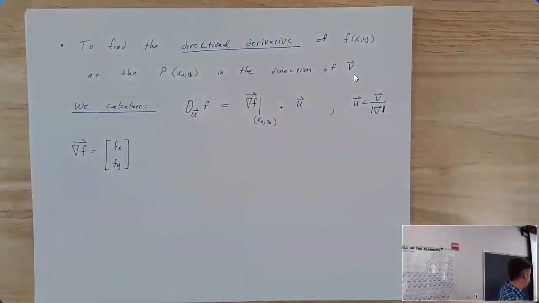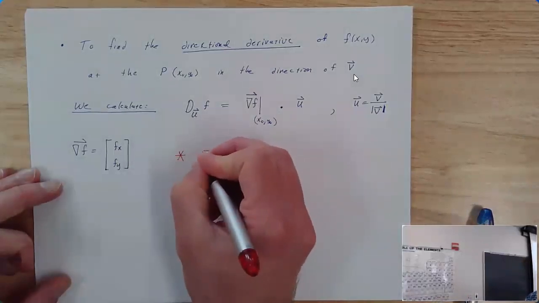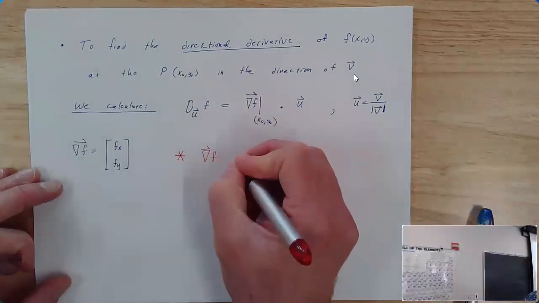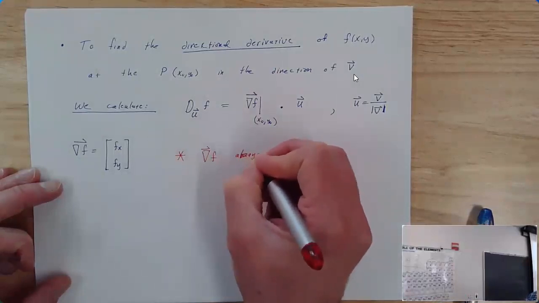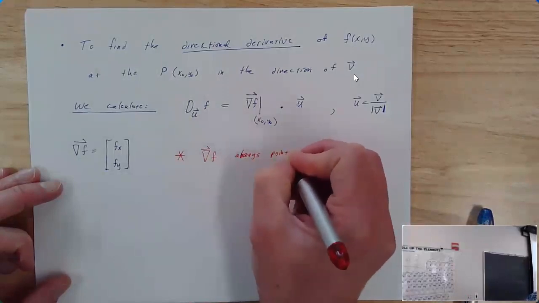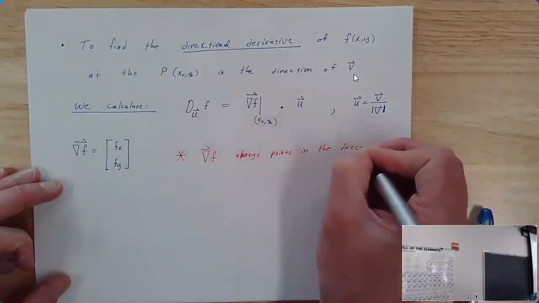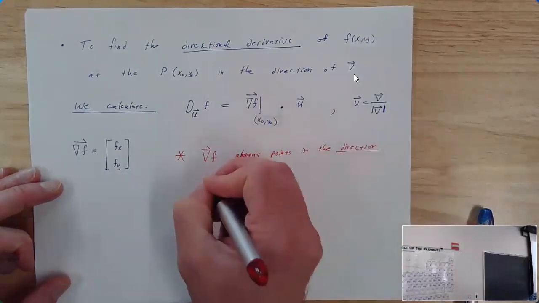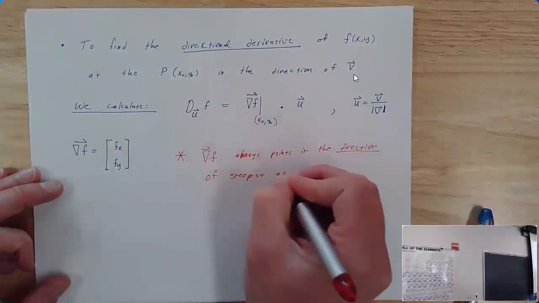And just so everybody knows, I'm going to say it a lot: the gradient of a function always points in the direction of steepest ascent.